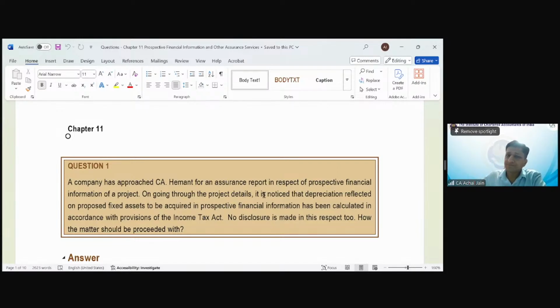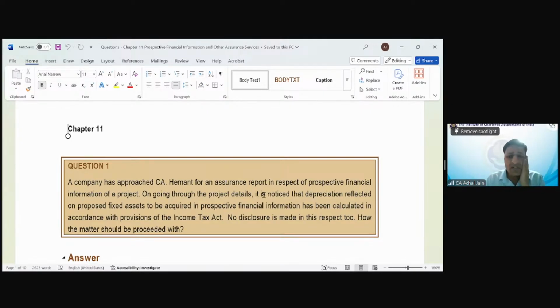Yes, sir. Okay, so let's look at this. A company has approached CA Hemant for an assurance report in respect of prospective financial information of a project. On going through the project details, it is noticed that depreciation reflected on proposed fixed assets to be acquired in the prospective financial information has been calculated in accordance with the Income Tax Act.